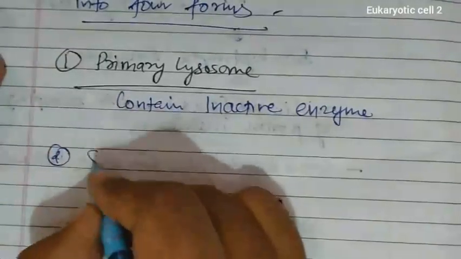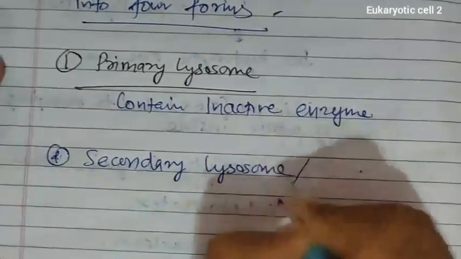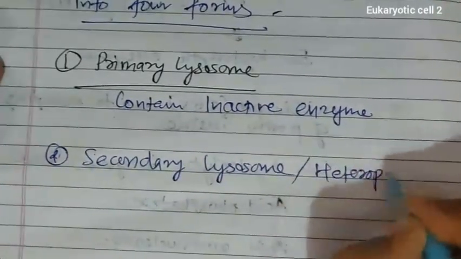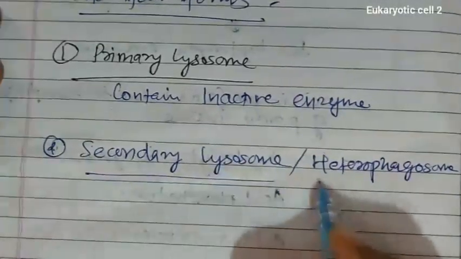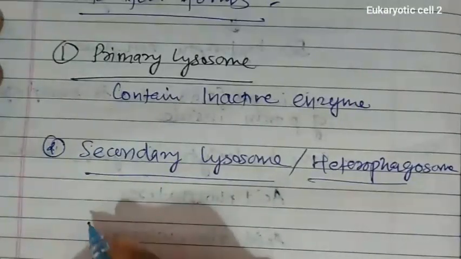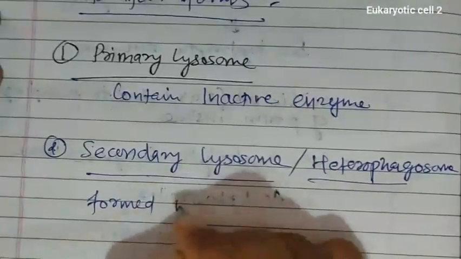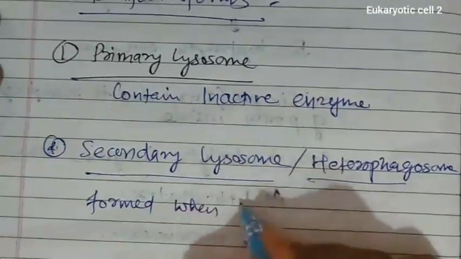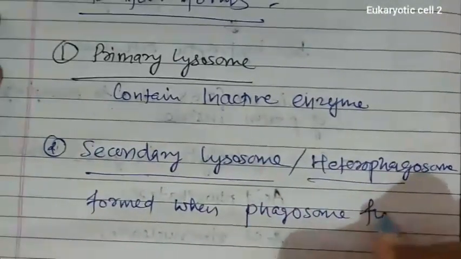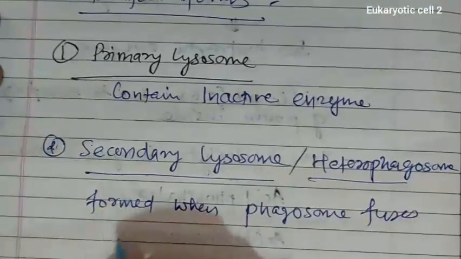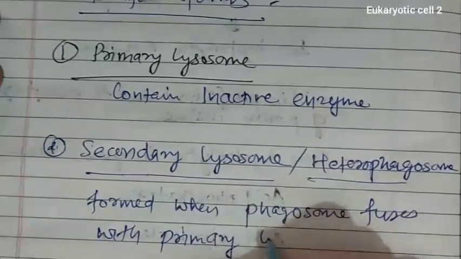Second is secondary lysosome or heterophagosome. So secondary lysosome or heterophagosome are formed when a phagosome fuses with a primary lysosome.